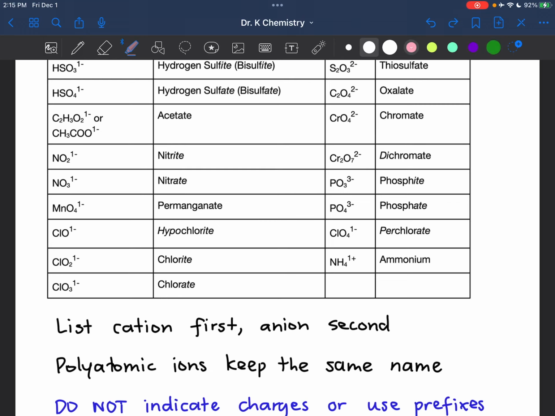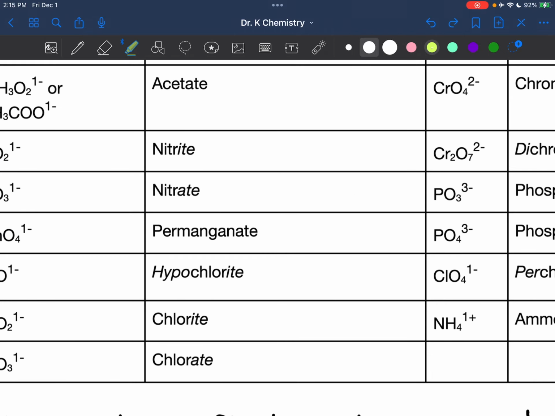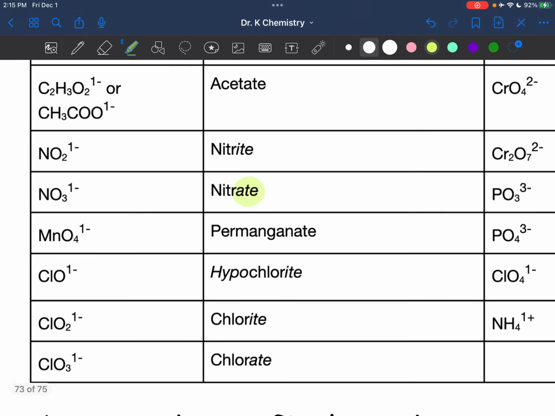Do not change the ending. This gets a little bit tricky because sometimes students confuse that nitrate ending with nitride, or it's even worse with nitrite, for example. That one letter can make all the difference. Nitrite is referring to NO2 with a -1 charge.